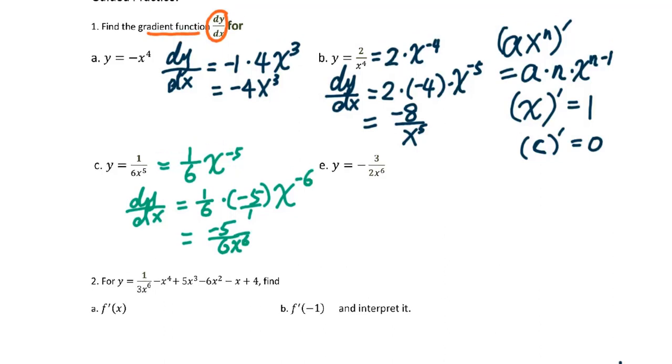Then let's go to e. We have dy by dx, but make sure you change this into single power. So we have the coefficient negative 3 over 2, x to the negative 6th power. So you have negative 3 over 2 stay. Then drop down the negative exponent here.